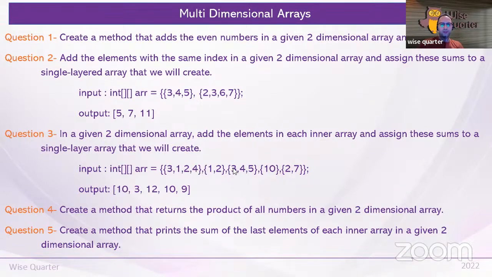Okay, 3, 12, 10 comes here, and 2 plus 7 is 9. We will reach each element, and we will try to find sums of inner arrays. That's the question.